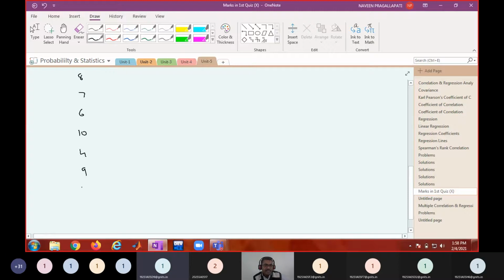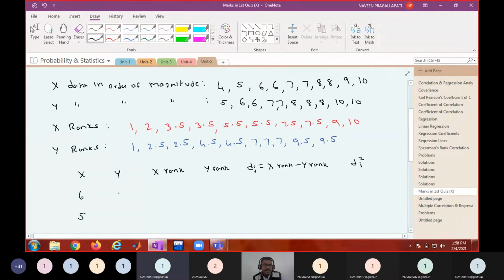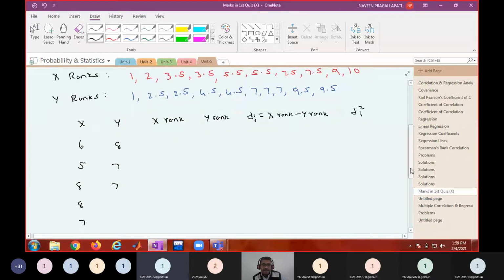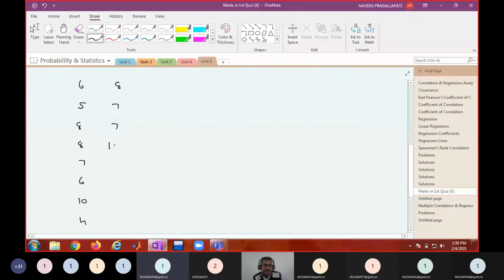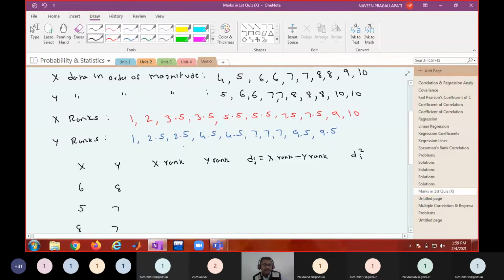Now you tell me the Y data. 8, 7, 7, 8, 7, 7, 7, 10, 10, 5, 5, 8, 8, 10, 10, 6, 8, 6. Now write down the corresponding ranks. For 6, what is the rank?